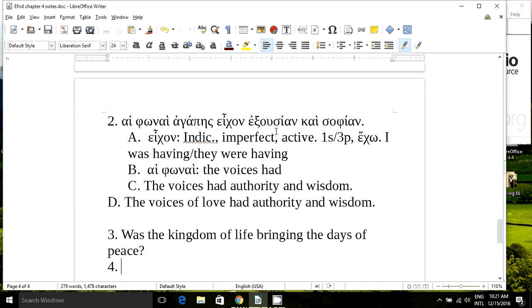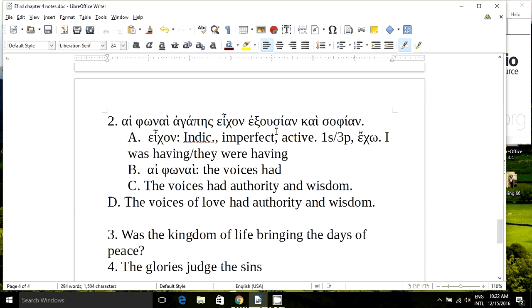Present tense, indicative active. They judge. Where's the nominative? Hai doxai. The glories judge. Is there an accusative? There is. Tas hamartias. The sins. So the skeleton of my sentence, the glories judge the sins.